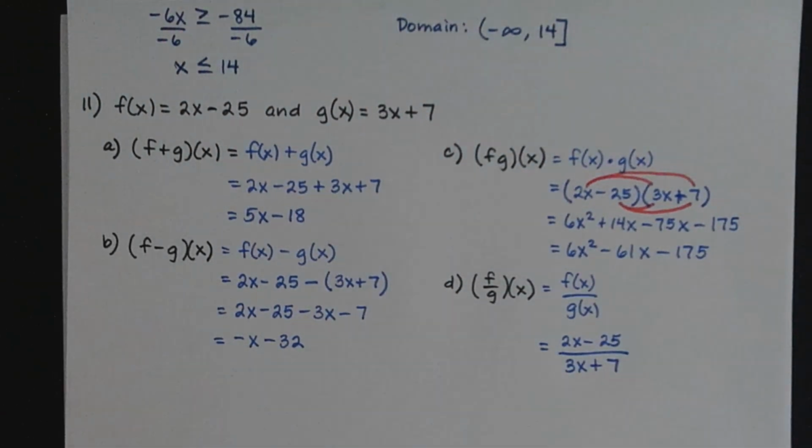And that would be as far as I would go with that problem, because there's no common factors that I can divide out in this case. So that's the quotient of f and g of the function of x. Okay. Are there any questions about problem number 11?